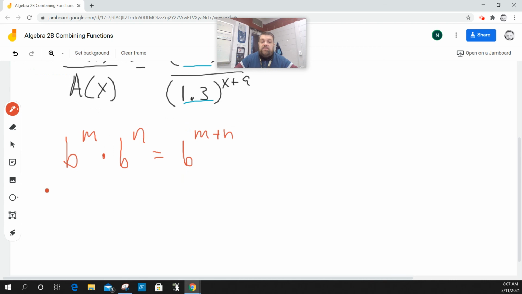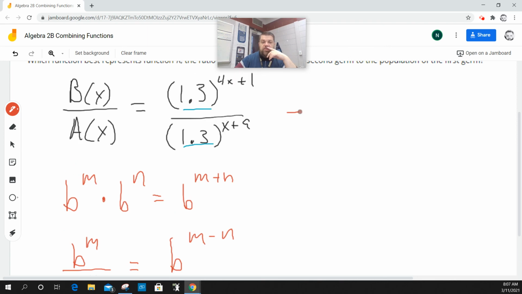And then another property of exponents is if I have b to the m divided by b to the n, that's the same as b to the m minus n, okay? So with that logic, this whole thing is the base, which is 1.3, and then I'm going to take my 4x plus 1, put that in parentheses, and subtract from it x plus 9, okay?